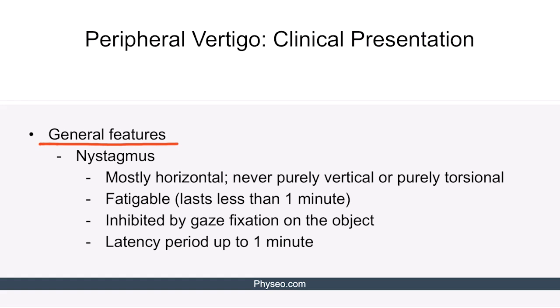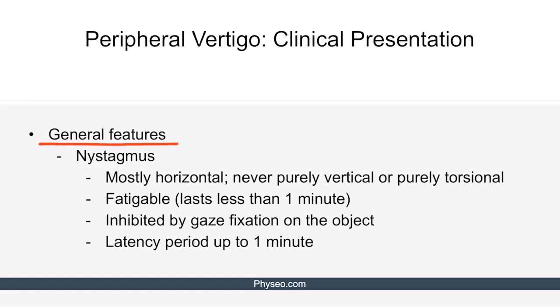In contrast to the nystagmus from central vertigo, the nystagmus from peripheral vertigo is never purely vertical or purely torsional. Another difference is that the nystagmus due to peripheral vertigo is fatigable. In other words, it lasts less than 1 minute. It is also inhibited by gaze fixation on the object.